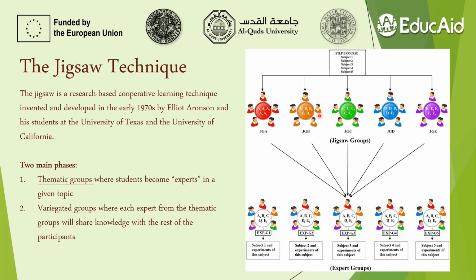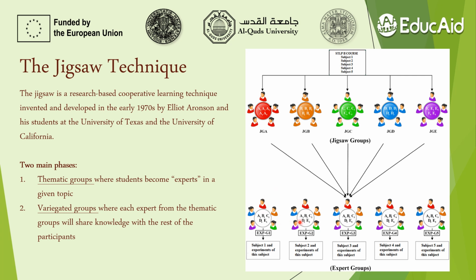In the second phase, each member needs to group again, but this time with people from different groups. So you can see here all dressed in red, and in the second here all in orange, all in green, all in blue, all in purple.